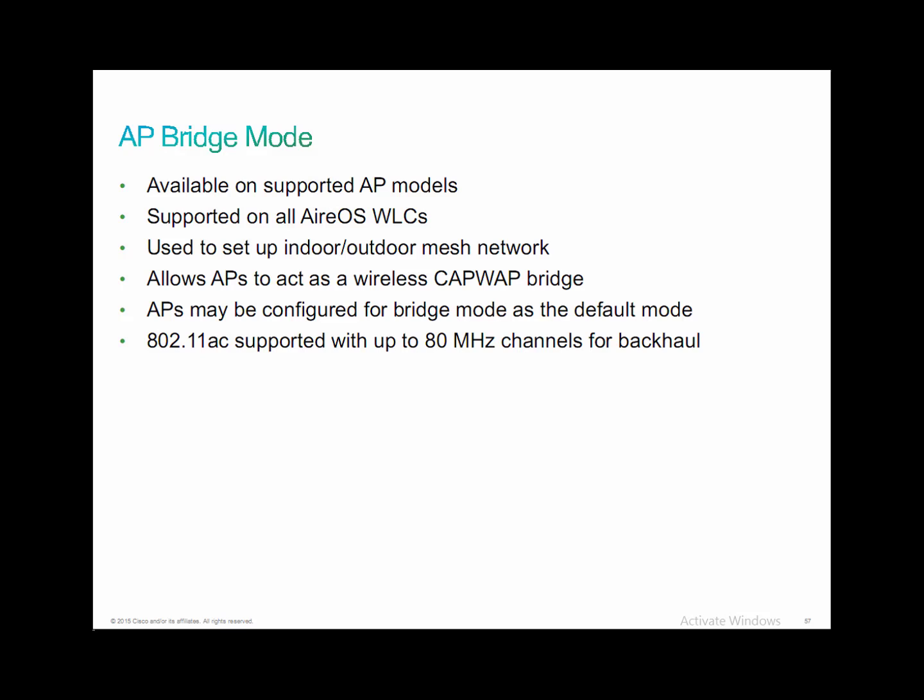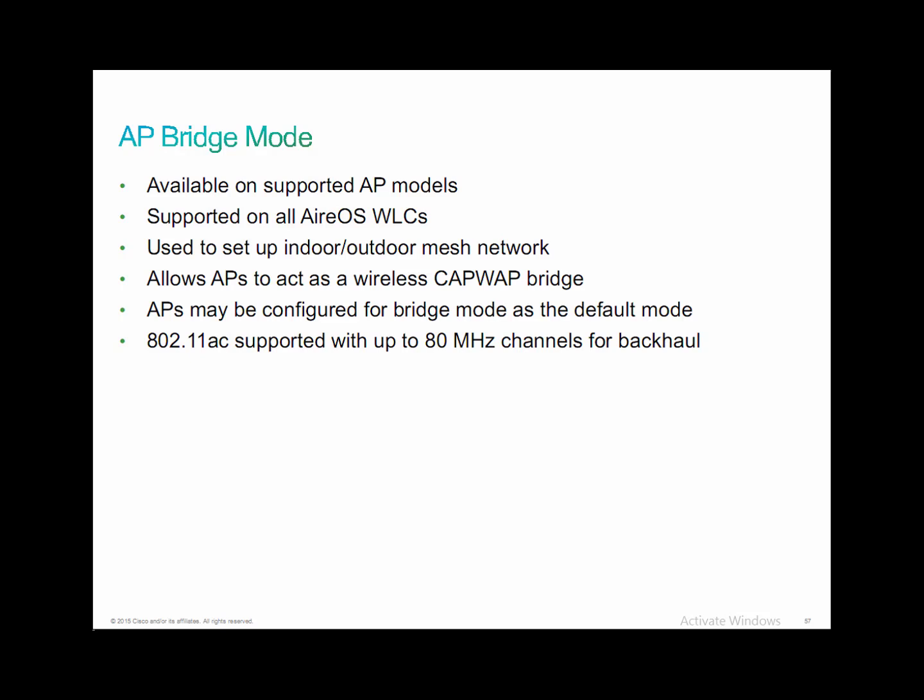In order for you to establish a mesh network, whether you're doing it inside or outside, and I just mention this because it's a bit of a misconception that you can set up a MAP without having any other components in the network. You have to first have an AP connected to the network and it's allowed to join the controller.